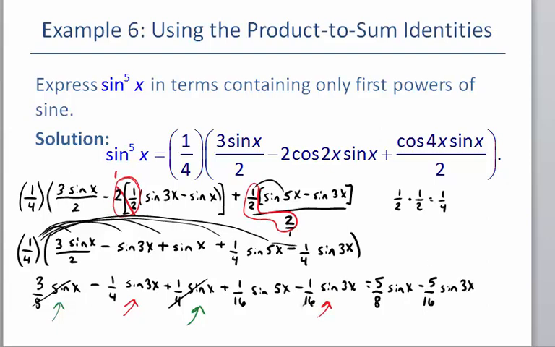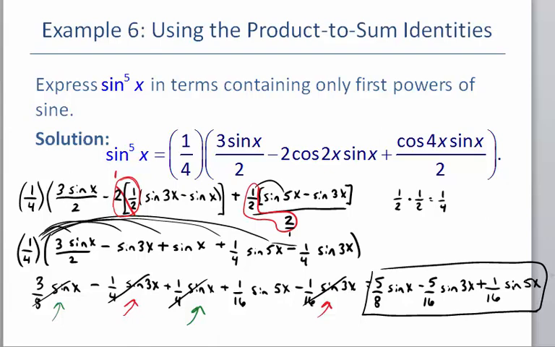And that's going to take care of this term and this term. And then the only thing that's left is going to be the 1/16 sine 5x. Okay, and that completes that problem.